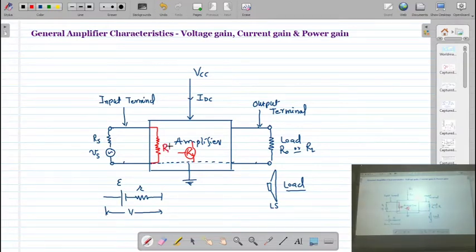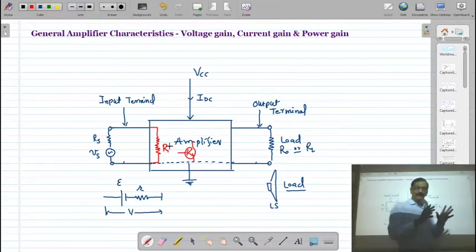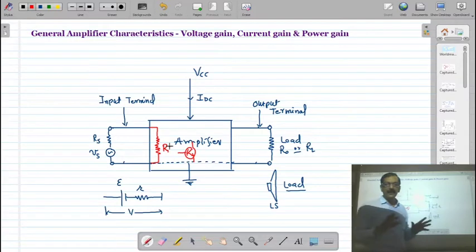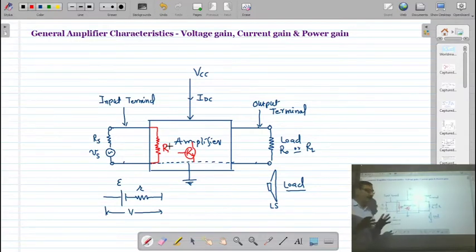Again, try to understand. The amplifier circuit contains one active device, and to operate the active device, we have to provide some proper bias, and for that we are using a number of resistors and capacitors, and that is going to offer a resistance to a source, and that resistance is known as the internal or input resistance of the amplifier.